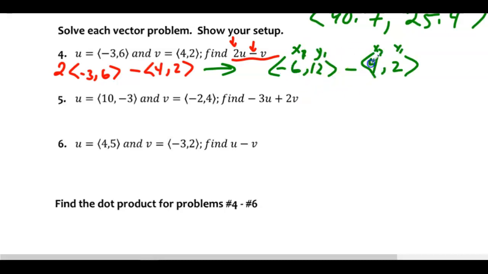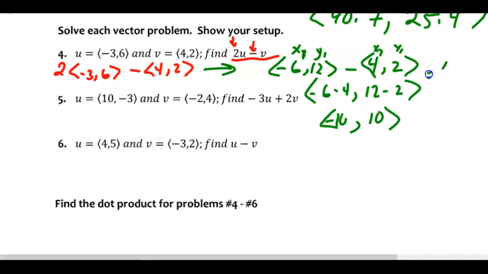We do negative 6 minus 4, and we do 12 minus 2. So negative 6 minus 4 is negative 10, and 12 minus 2 is 10. All right, we get negative 10, 10.